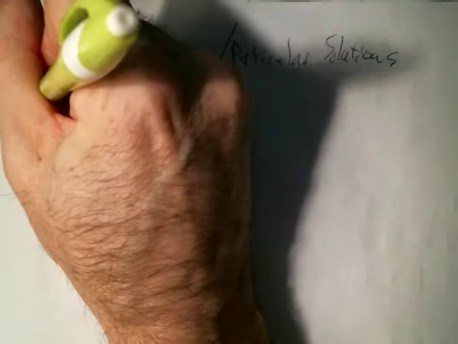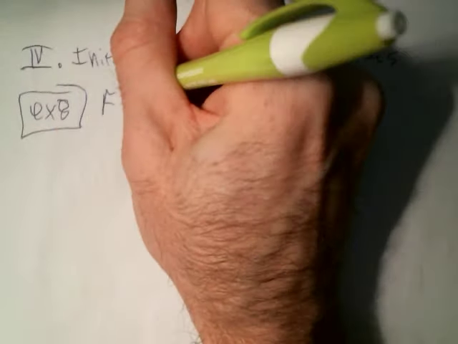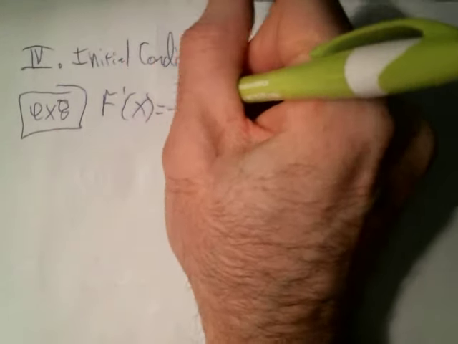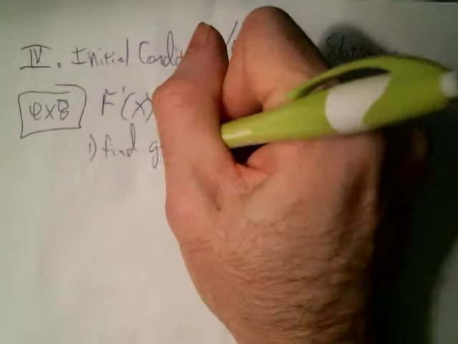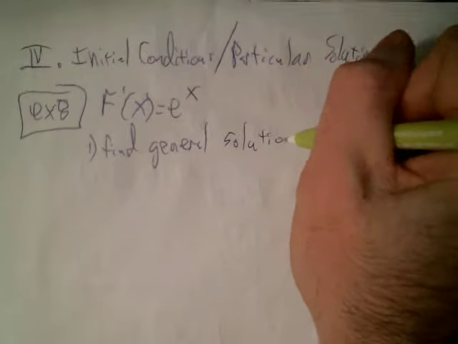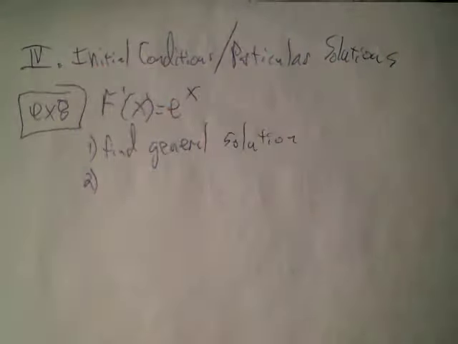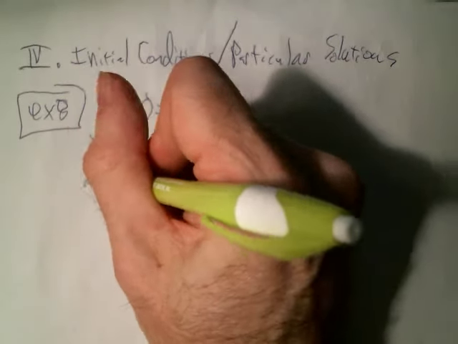Okay. So example 8: find the general solution of the differential equation f prime of x equals e to the x. First, find the general solution. And then secondly, find the particular solution that goes along with this initial value.